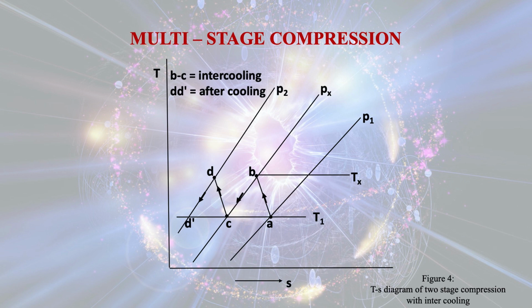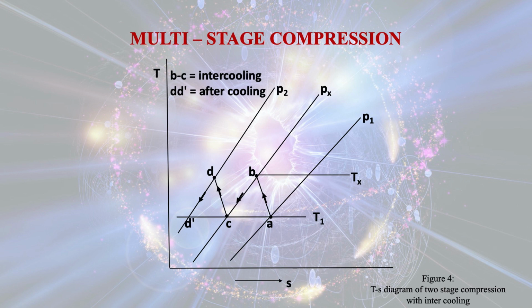But again, there is after cooling for this process also, carried out from D to D dash, and the final temperature after cooling will be again the initial temperature T1.